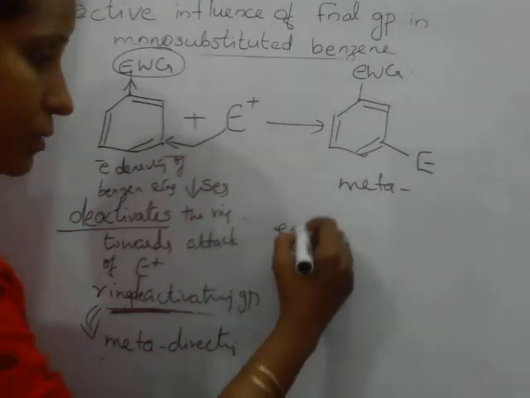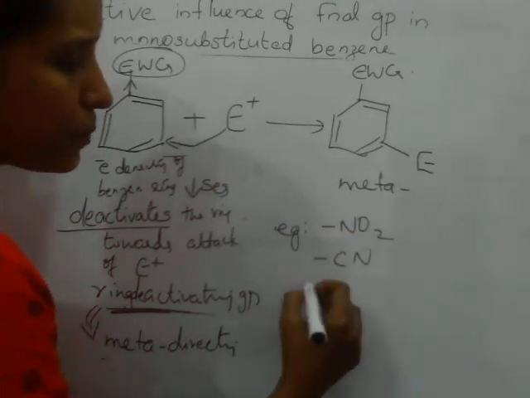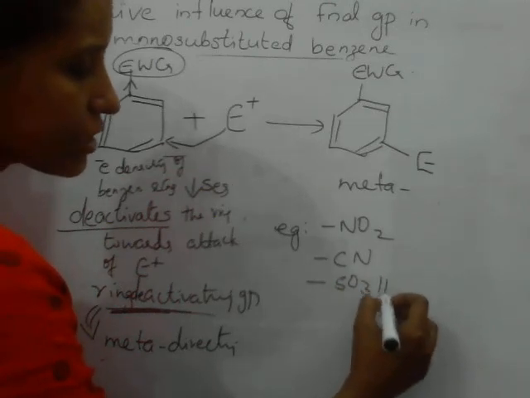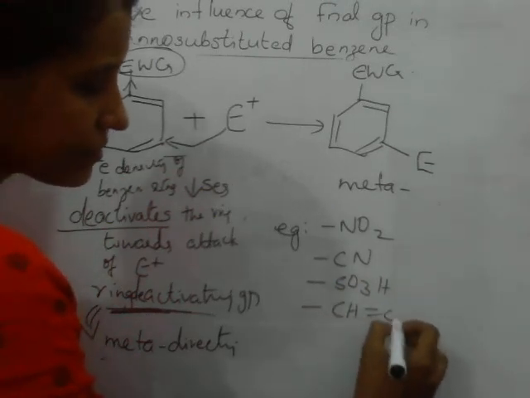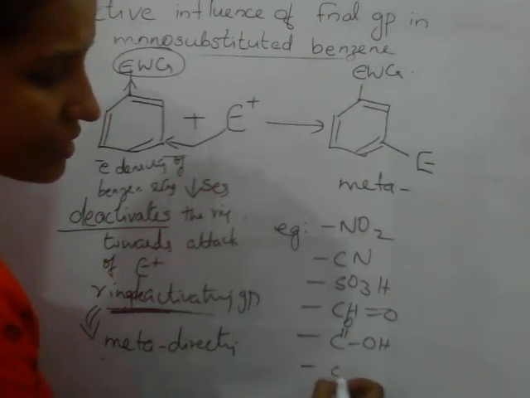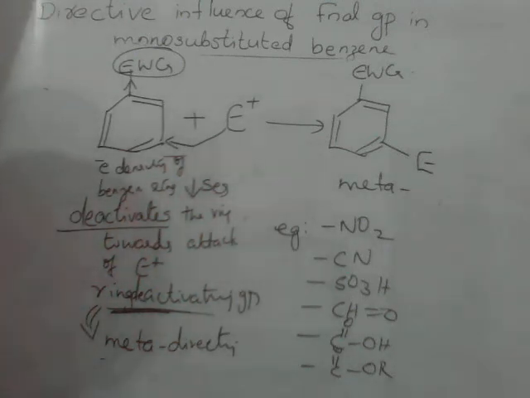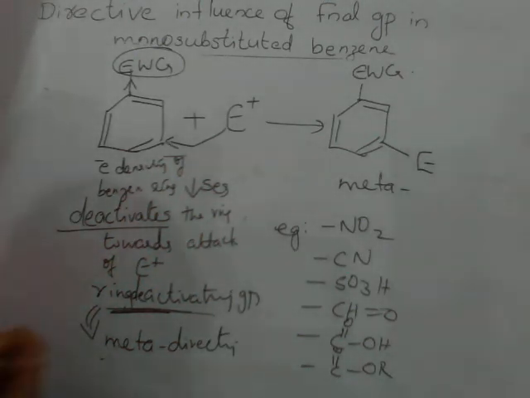Examples of these groups: nitro group, cyano group, SO3H group, aldehyde, carboxylic acid group, ester, COOR. All these are examples of electron withdrawing groups. They are ring deactivating groups, meta directing groups.